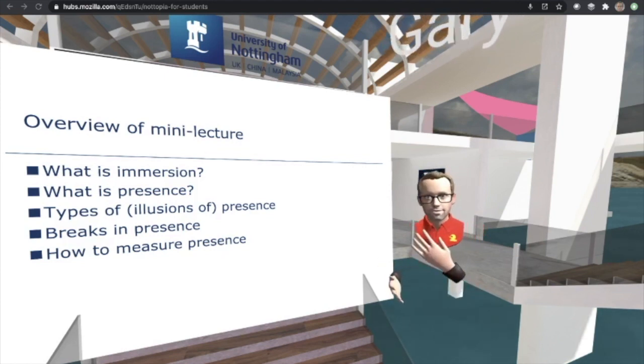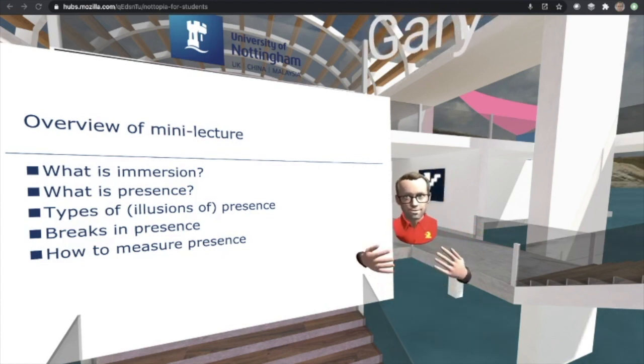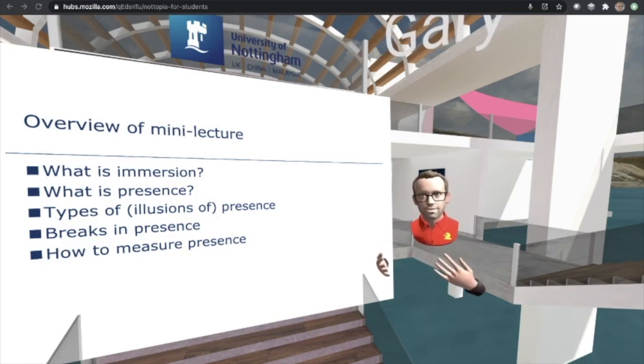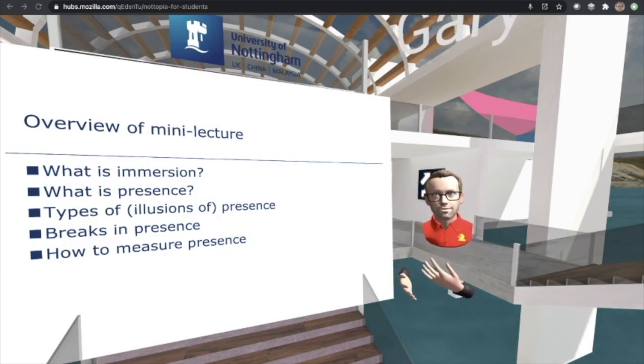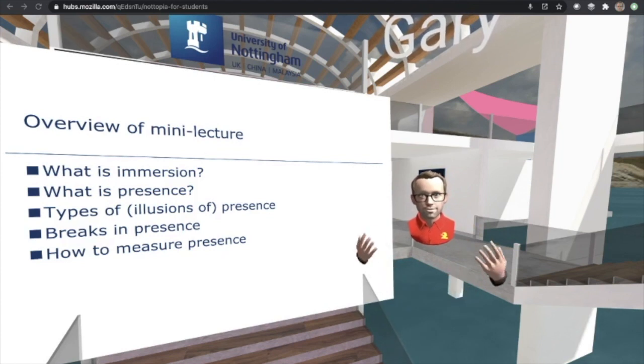There's this particular issue associated with breaks in presence, which is very important for designers of virtual reality and virtual environments to minimize. And I'll finish by going through some of the key methods that are used for measuring presence, if that's particularly important, for instance, within an experiment.